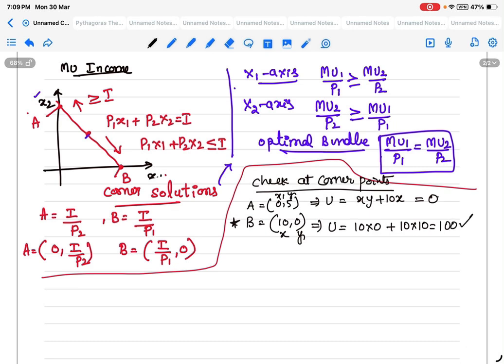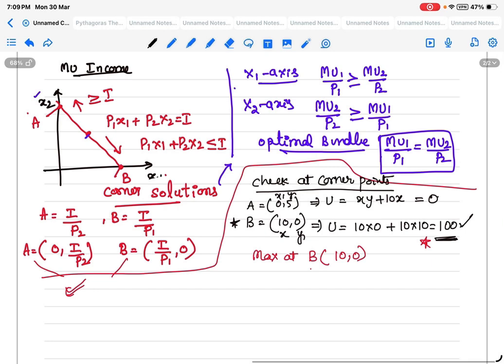Utility is more at 100. Utility is maximum at B, that is at the point 10 comma 0. A and B are the corner solutions.